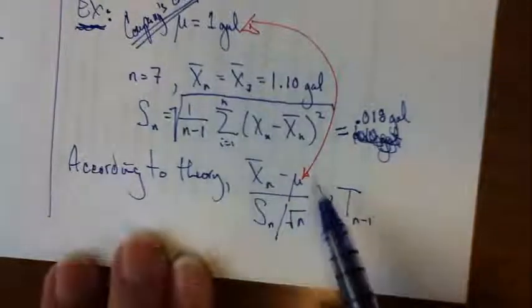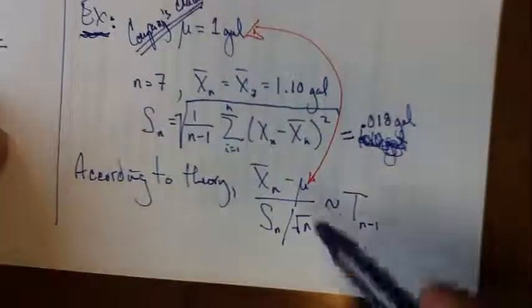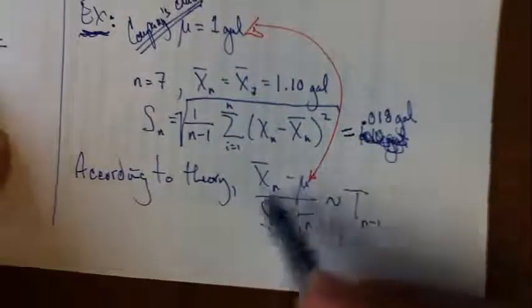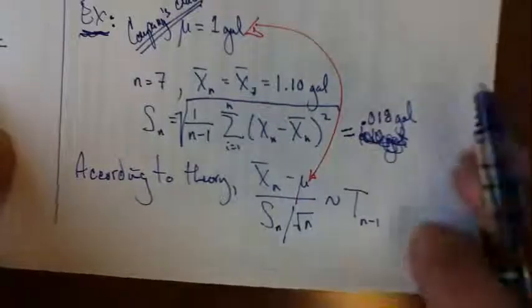So I'm just going to calculate the value of this random variable and look out under a t-curve and see how strange it is.